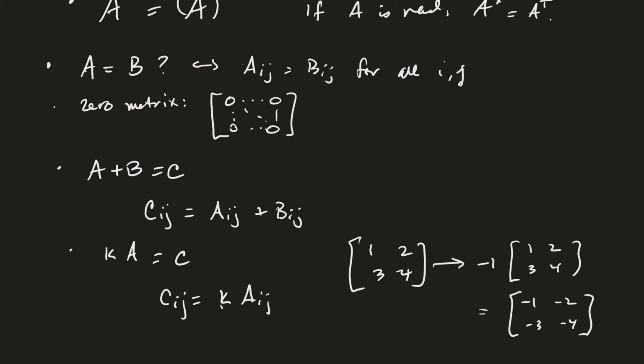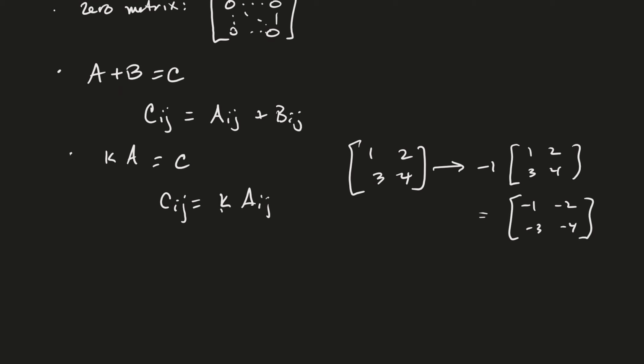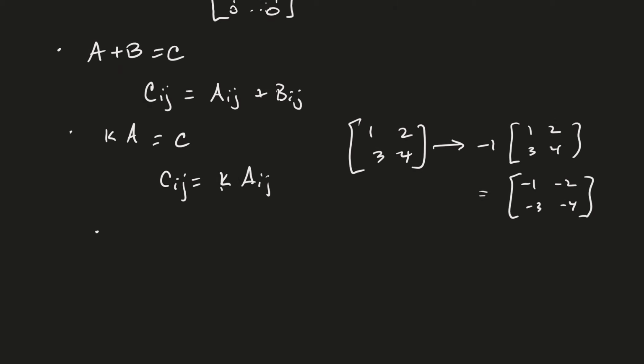You just take the constant all the way through. And that leads me to subtraction. We define A minus B as A plus minus 1 times B. So that's all straightforward.